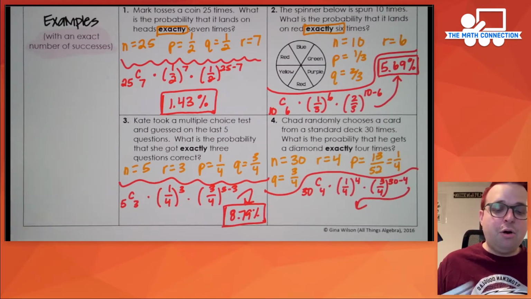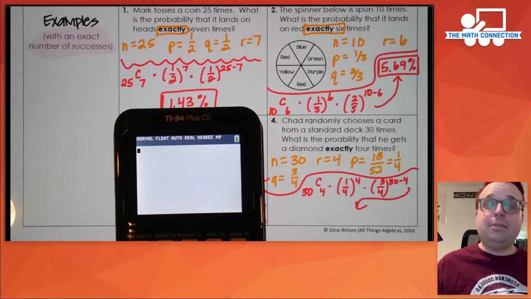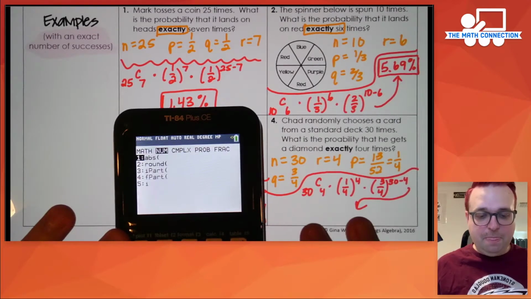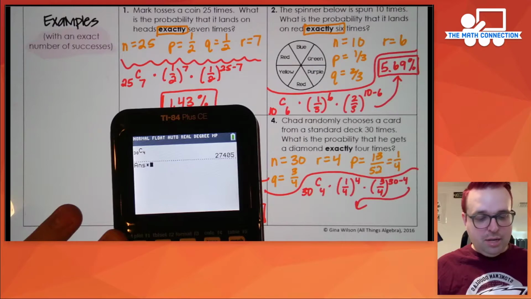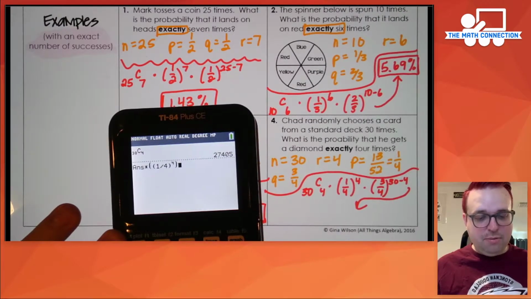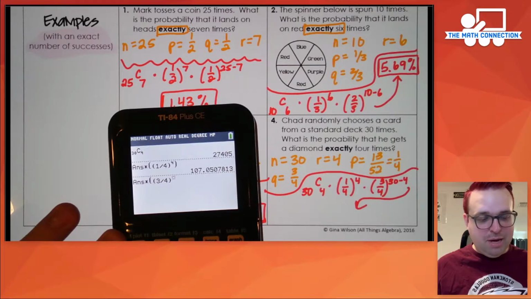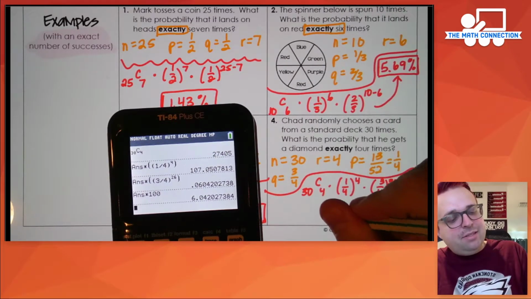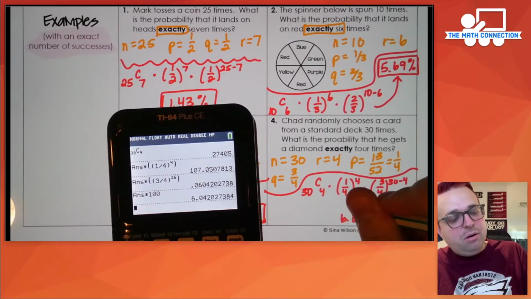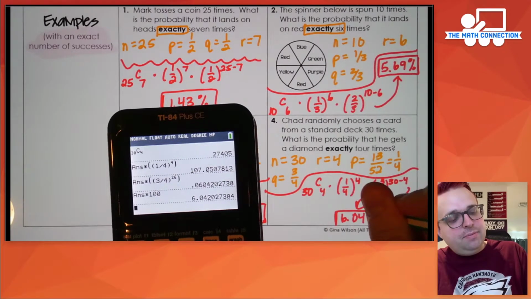It doesn't look like an arrow, but I promise it is. Okay, so 30 probability combination menu. Multiply this by 1/4 to the power of 4. Multiply this by 3/4 to the power of 26. Multiply my answer by 100 to get a percent, so I have 6.04%.